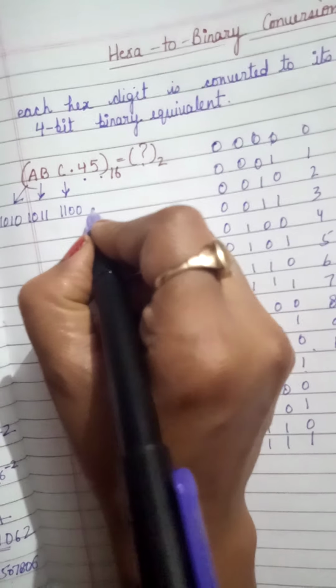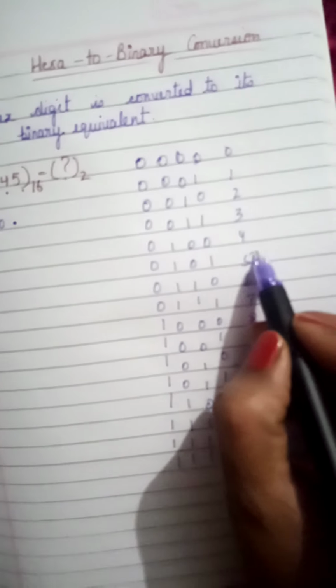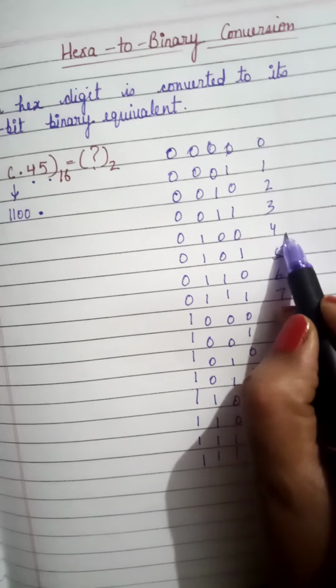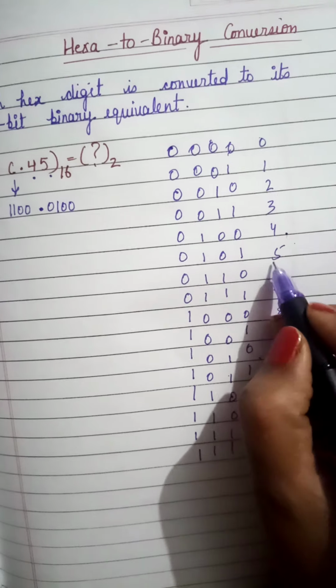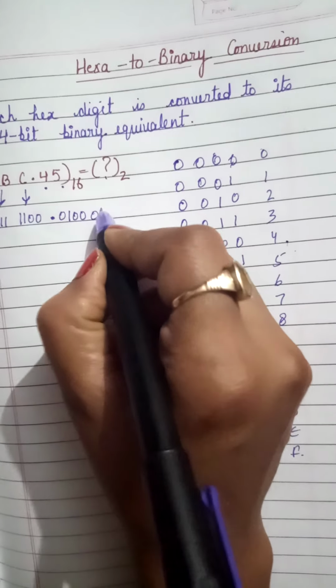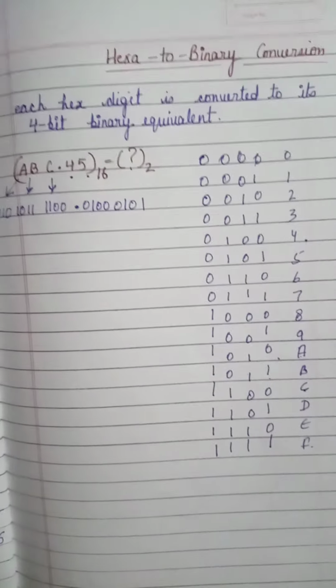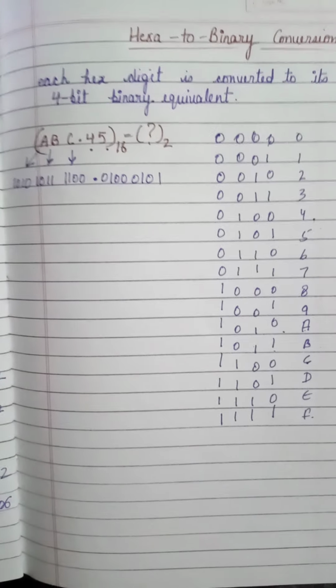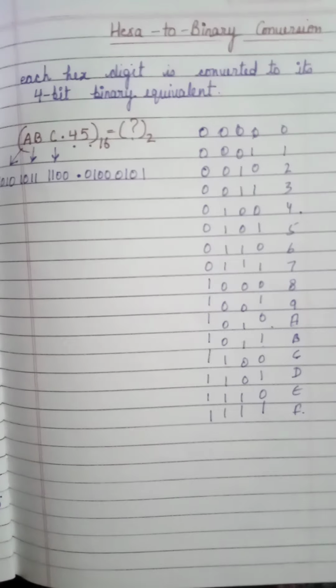Then C, 1100. Then 4, 0100. Then 5, 0101. This way you can write the binary equivalent very easily.